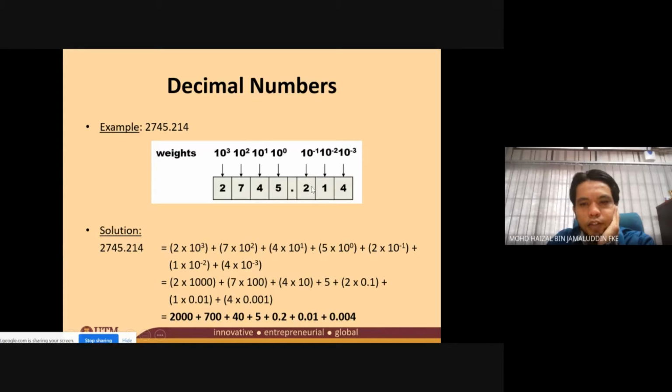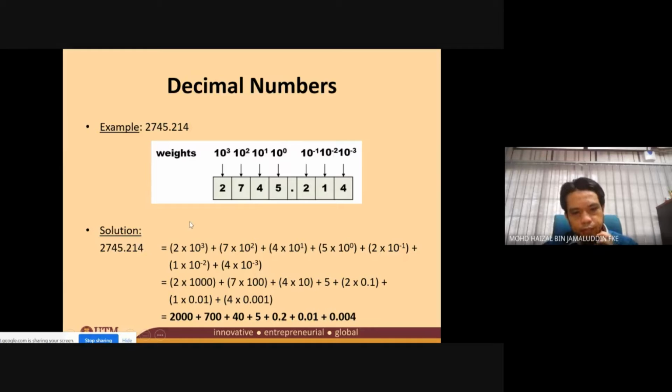For the fraction part, it is 10 to the power of minus 1. Then you add up all the numbers: 2 times 10 to the power of 3, 7 times 10 to the power of 2, and so on. When you add up, you will get this decimal number back.